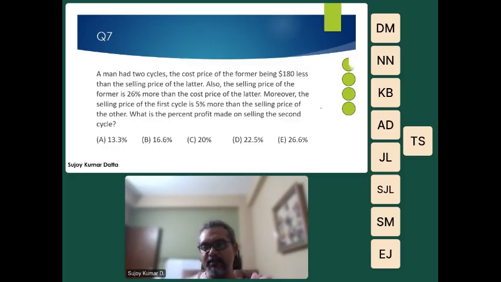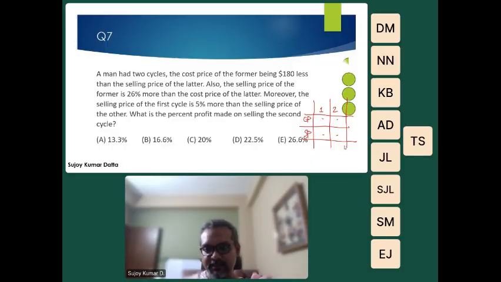So item one, item two, cost price, selling price. This way, everything will be exactly in front of you with all the values, so it will be easy for you to identify.